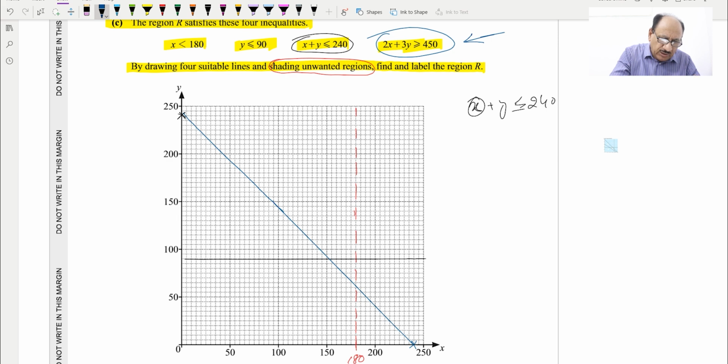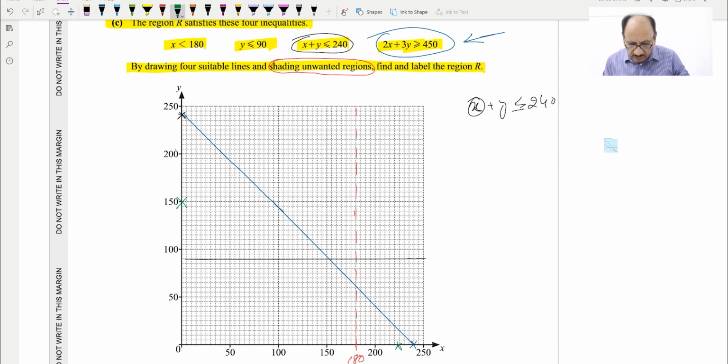So the point which we are getting is this one, and if y is equal to 0, x will be 225. So 225 will be 1, 2, 3, 4, 5 will be here.